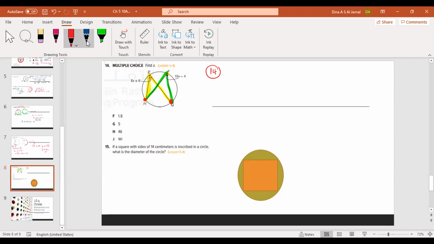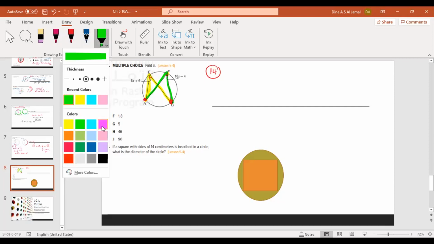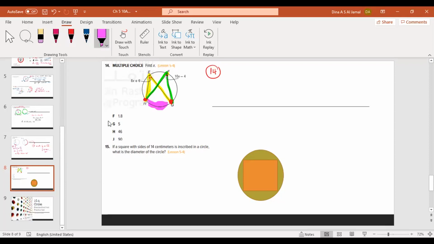Now having the same ends results in having the same intercepted arc. So that means your inscribed angles in this circle are congruent. So angle E will be congruent to angle F. And having two congruent angles means the measurements will be equal to each other.